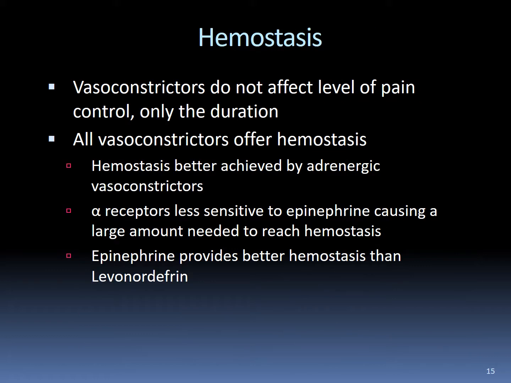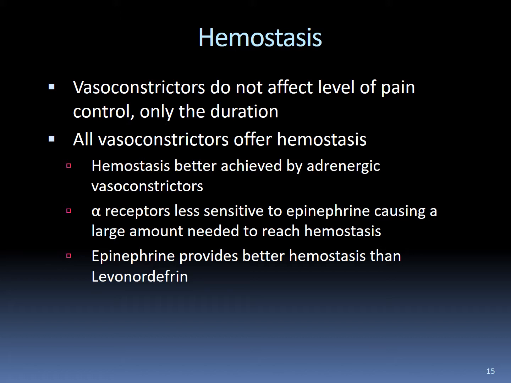When we use vasoconstrictors, our main priority is to establish some type of hemostasis, which is bleeding control. Vasoconstrictors do not affect the level of pain control, only the duration and also the area for bleeding that we're trying to restrict. They achieve this through adrenergic vasoconstriction within the blood vessels.